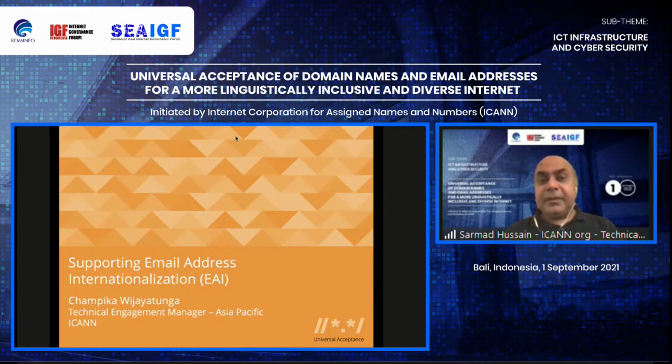And I'm now going to hand it over to our colleague Champika, who's going to take you briefly through, if we have these 90% of the mail servers which are not supporting EAI, how do we set these up properly so that they can actually work with internationalized email addresses? So, with that, thank you for listening, and I'll hand it over to Champika to take us through the next part of the presentation.